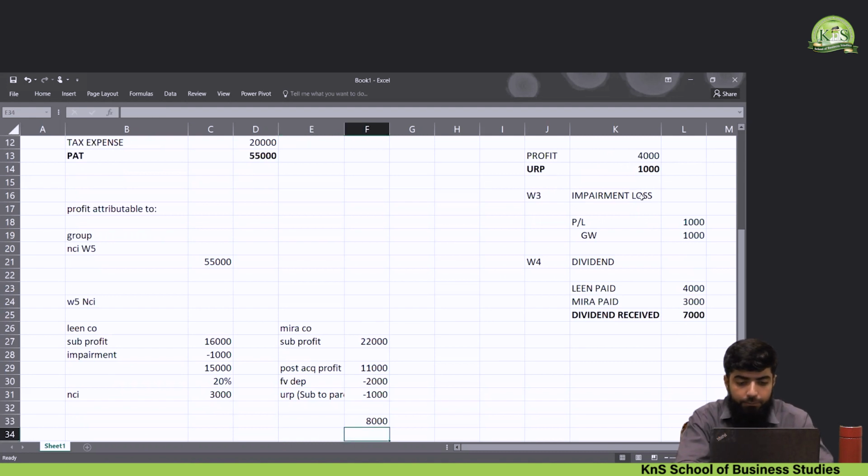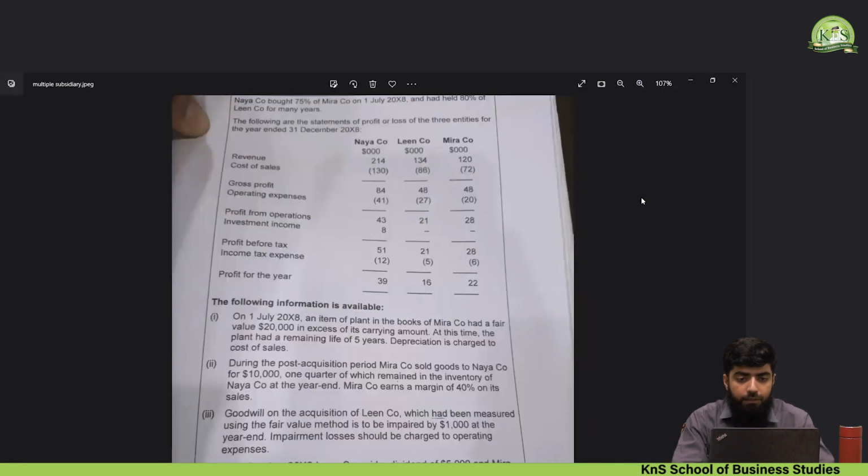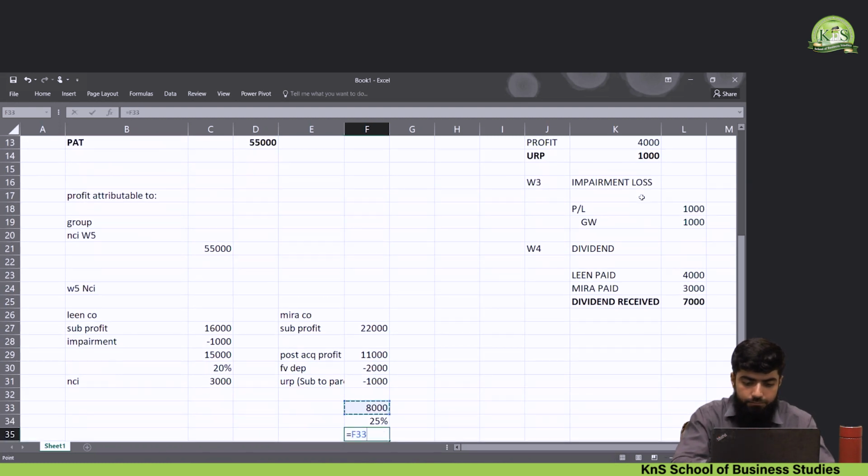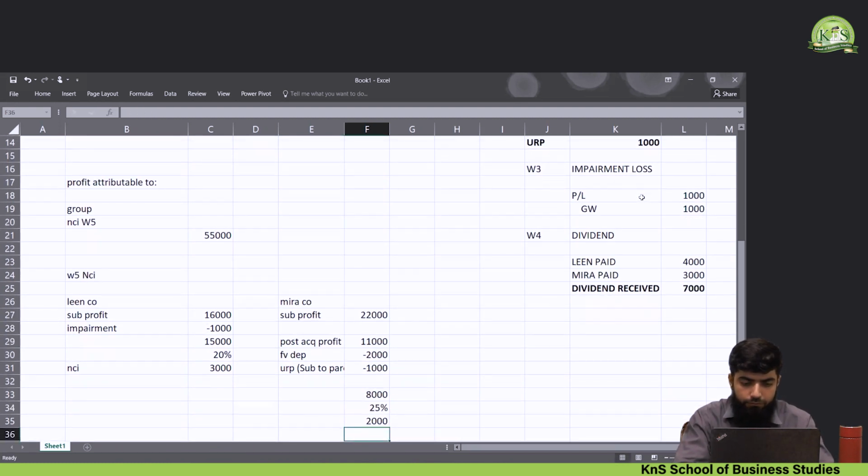We are going to apply the percentage of NCI, and in the case of Mira company, that is 25%. So 25% of 8,000 is 2,000. That is the NCI of Mira company.